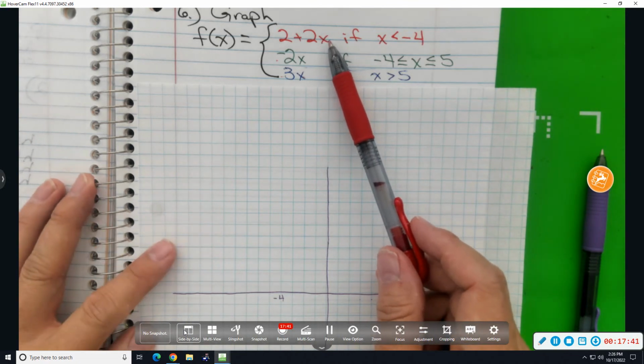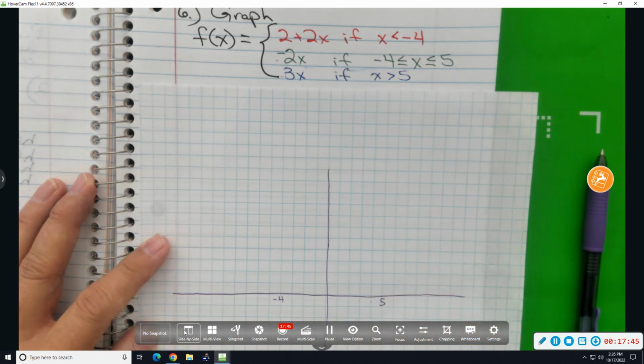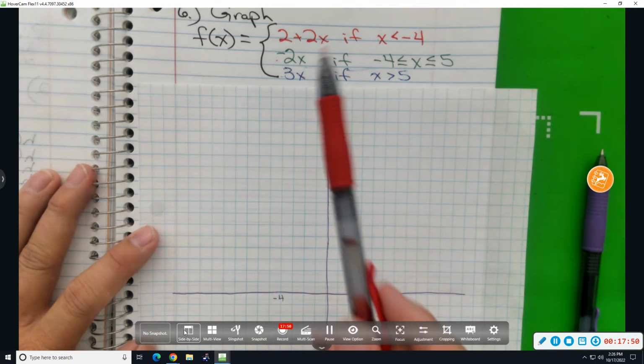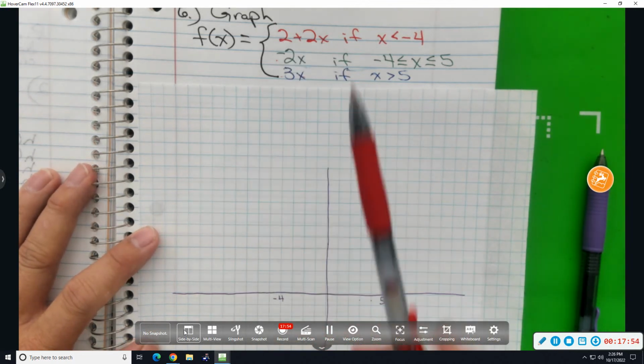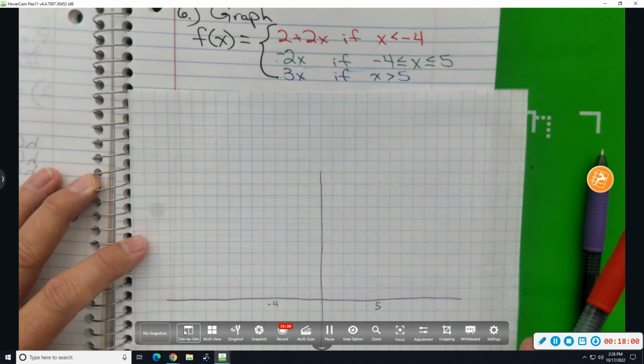A quadratic function would have to have what appearing on that variable? A square, that's right. These are just lines. Y equals mx plus b. So how many points do we need to draw a line? Just 2 points to draw a line.